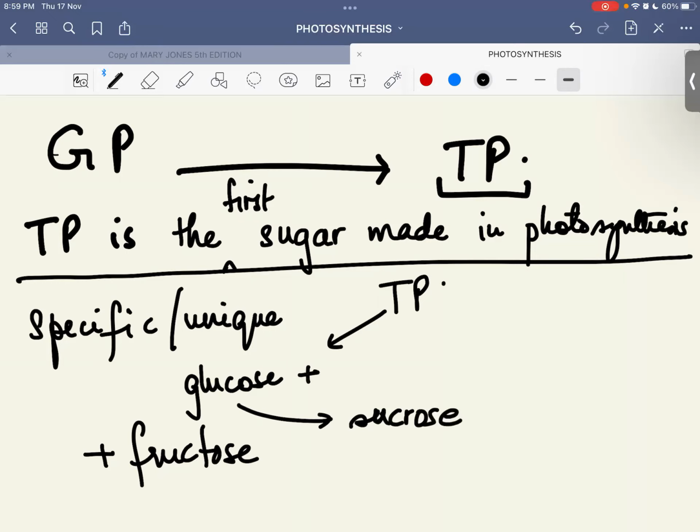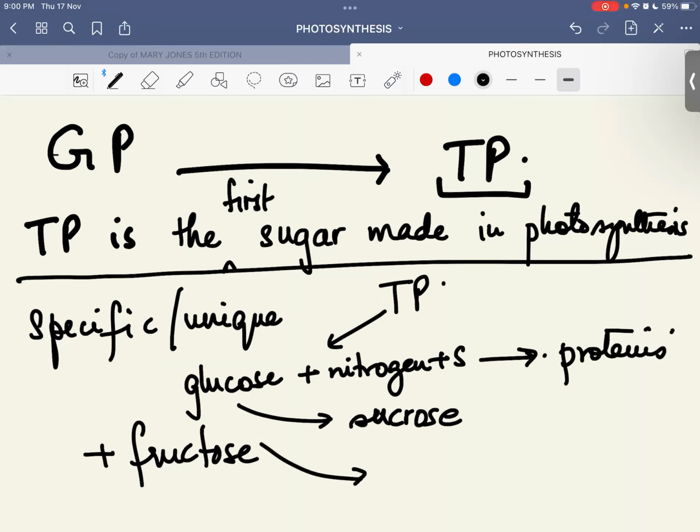Glucose can be combined with nitrogen or sulfur compounds to make proteins. Glucose can also be converted to fats. Why all this? Because the plants we eat do not contain only glucose.